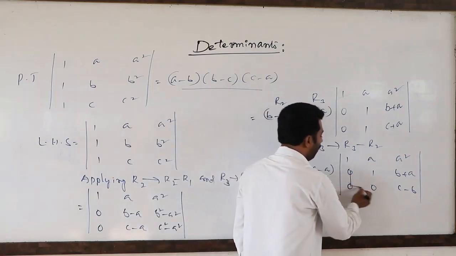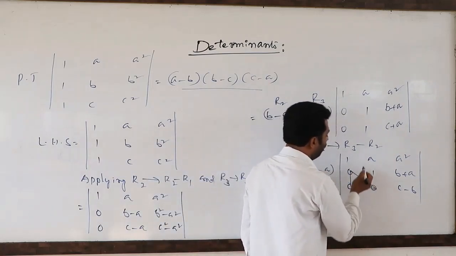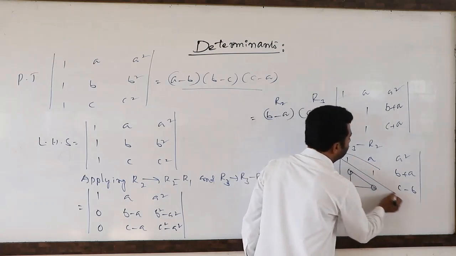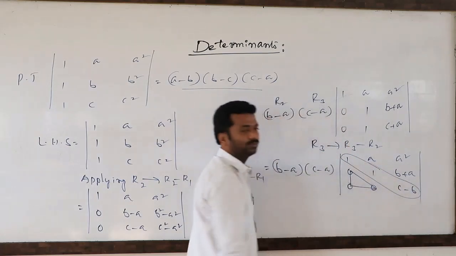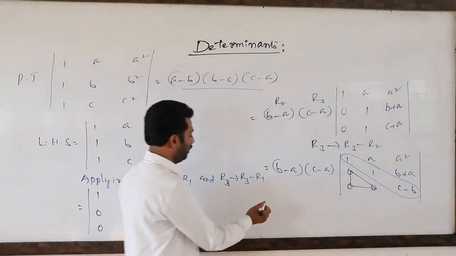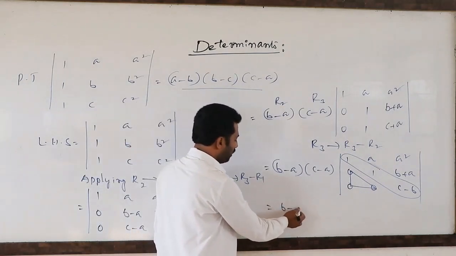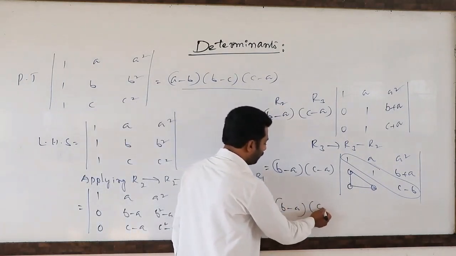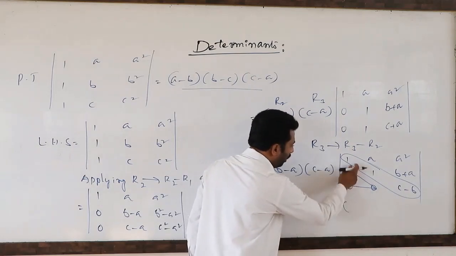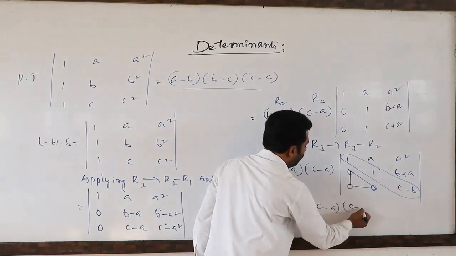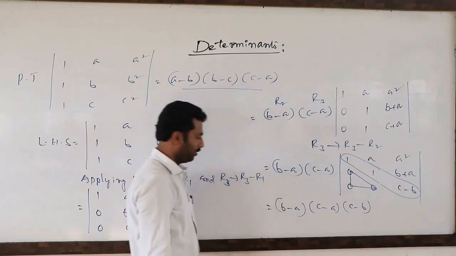This is an upper triangular matrix, so the determinant is the product of the principal diagonal elements: (b minus a)(c minus a) times 1 times (c minus b).